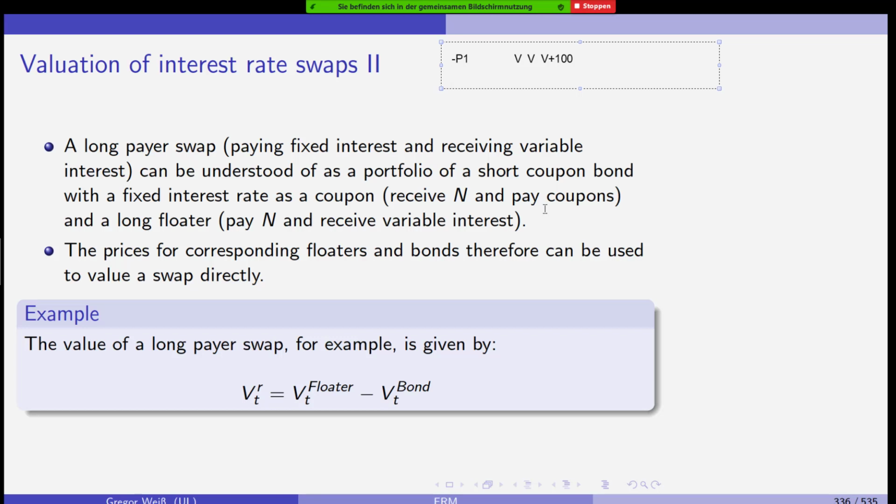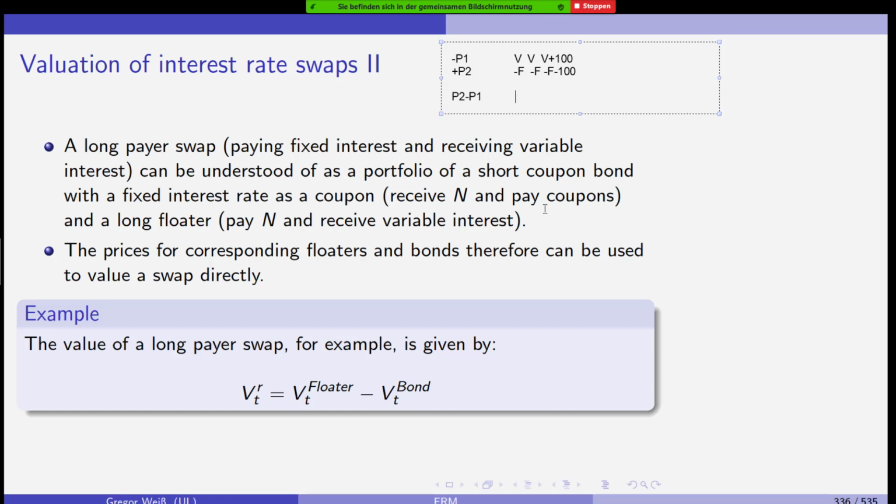Now, you go short in the bond, meaning that you get plus the price 2, and you now get the coupon plus 100. Well, not quite. You are investing short. So it's minus F, and minus 100. But in sum, you can see this is actually P2 minus P1.